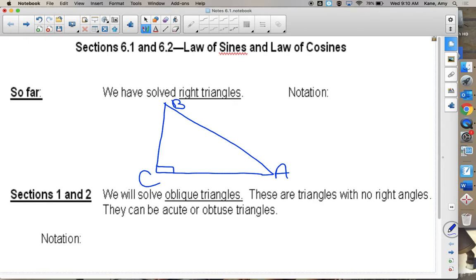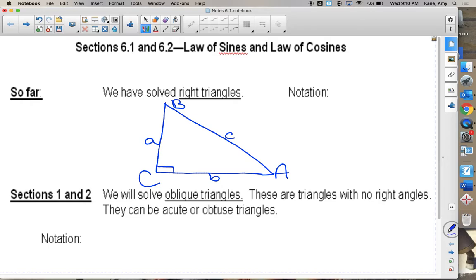C is generally the right angle. When you label the sides of a triangle, you label the letter to match with the angle. Whatever side is across from the angle should be the corresponding letter. So if it's an uppercase C for the angle, it would be a lowercase c for its corresponding side, always the one directly across from it. Side B across from B, side A across from A. Lowercase always denotes a side.